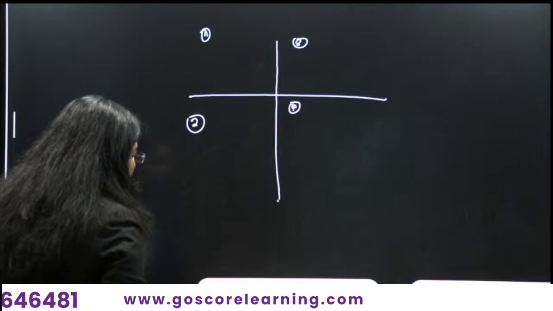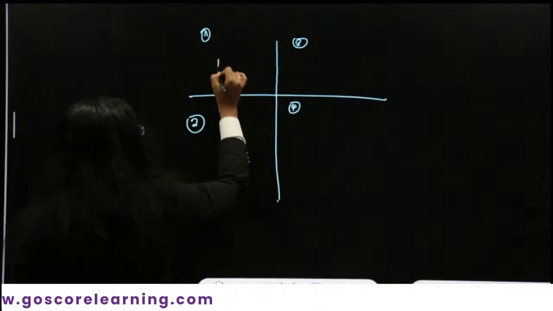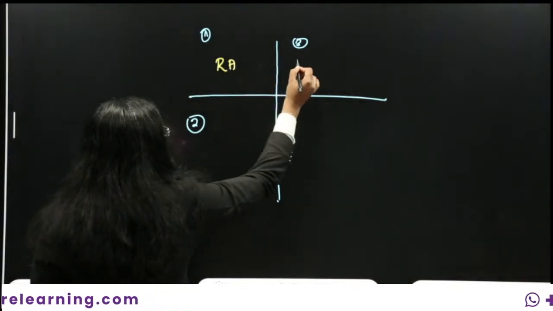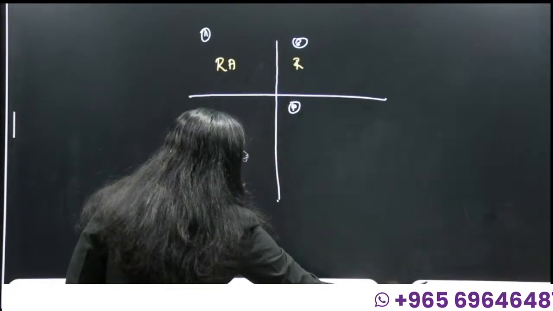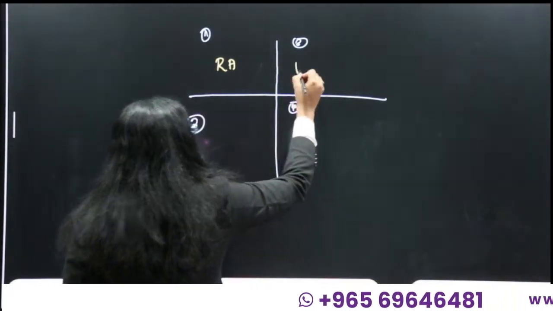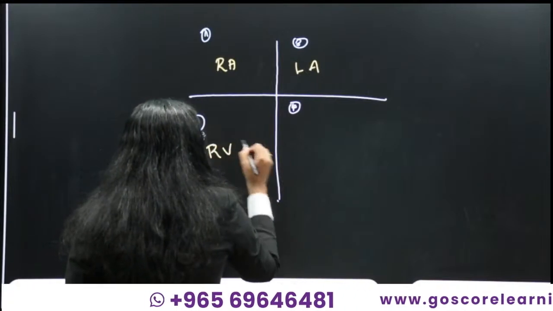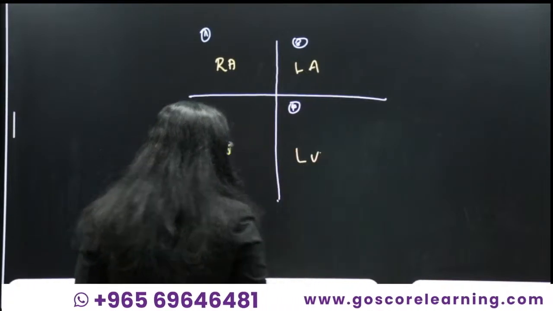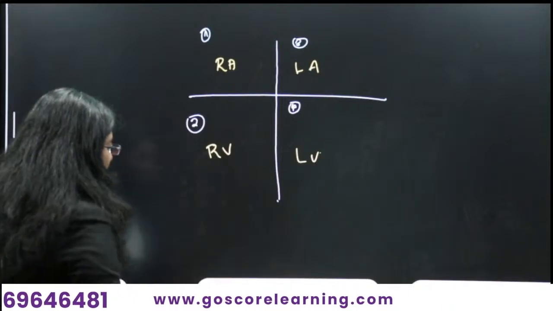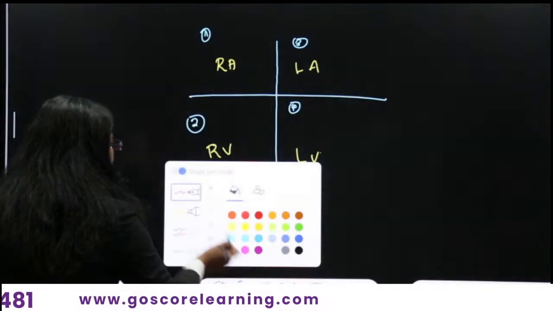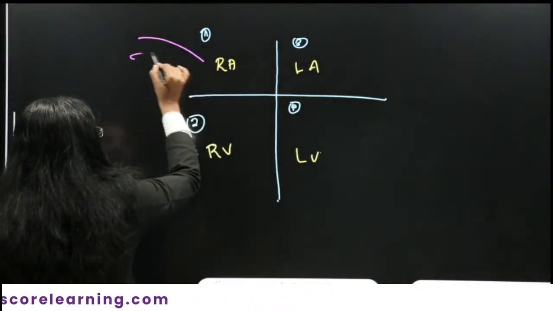What are the different chambers present here? The right atrium and the left atrium. Then here, the right ventricle and the left ventricle. Here you have to understand that the blood is coming and collected into the right atrium.